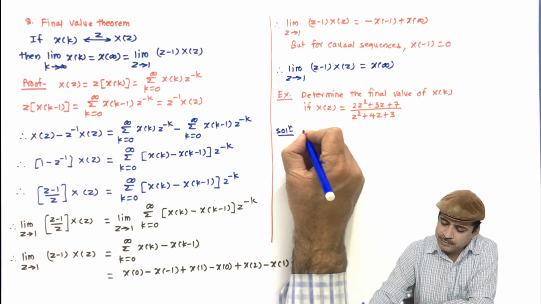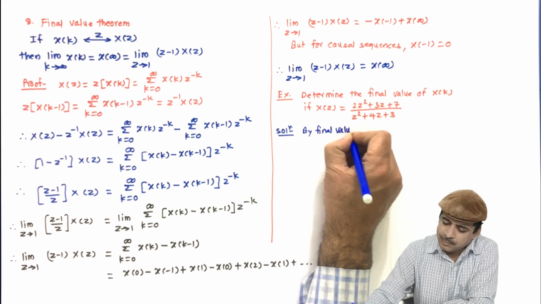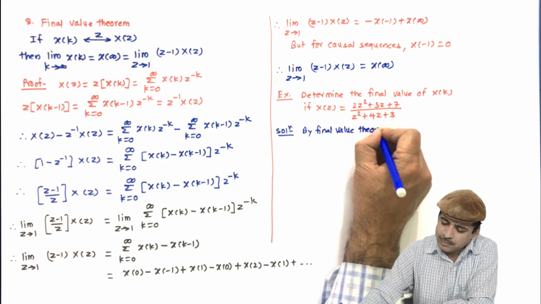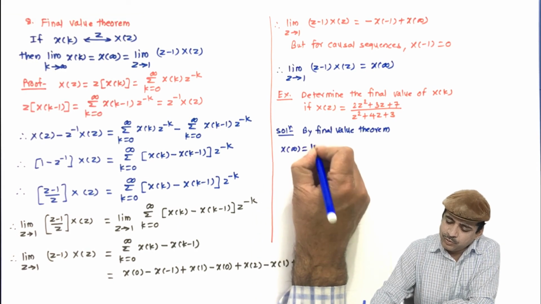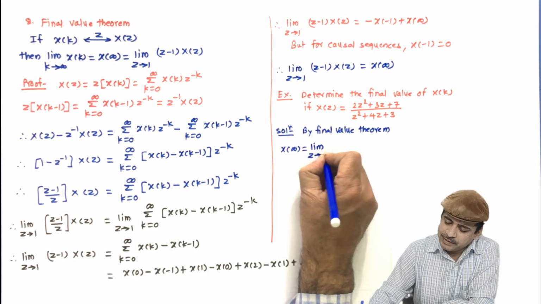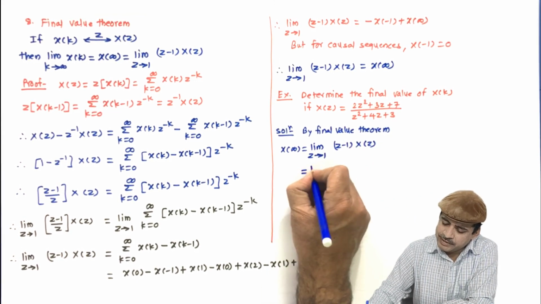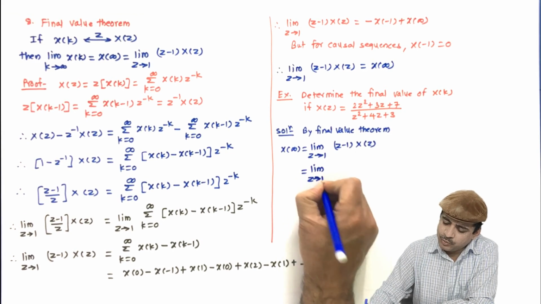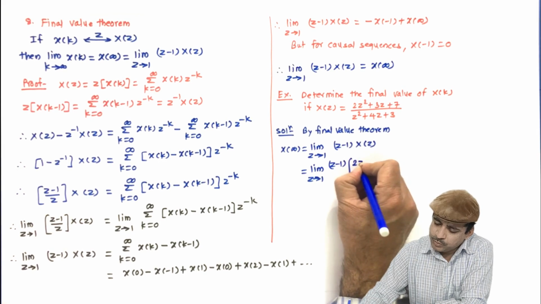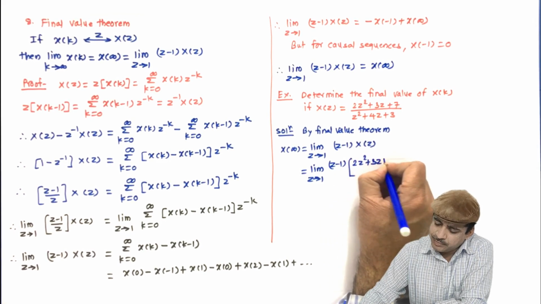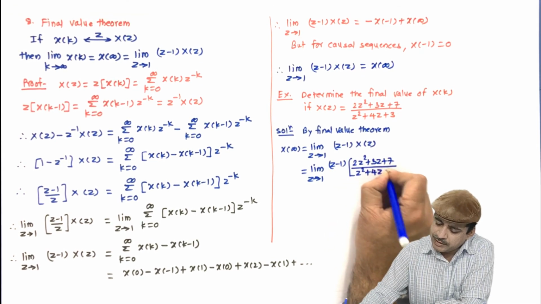By the final value theorem, we have x(infinity) equal to limit z tends to 1, (z minus 1) X(z). So in this case it will be limit z tends to 1, (z minus 1) into (2z square plus 3z plus 7) upon (z square plus 4z plus 3).